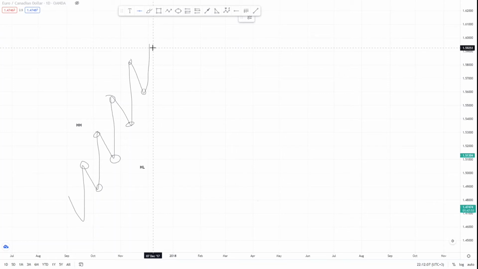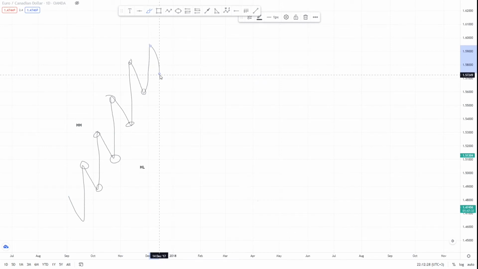Okay, so let me give you an example here. For example, let's say the market is moving like this, creates a new higher high, right? But with this higher high, sorry, this is a higher low, this place is a higher low. It's supposed to create a new higher high.